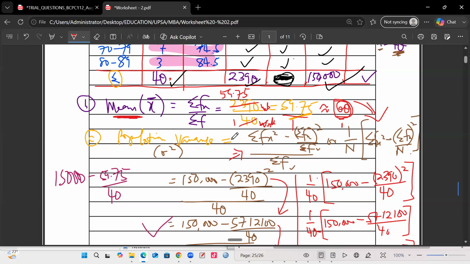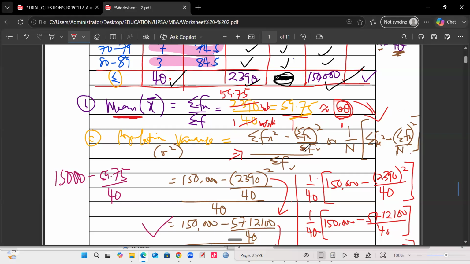That is the mean. Or every worker means one. Every one worker produces approximately 60 units on average.